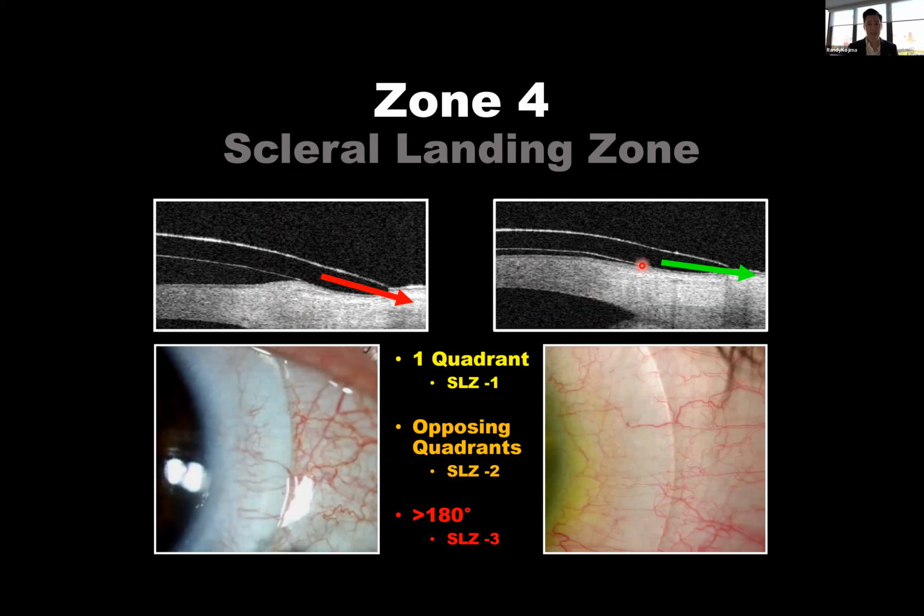If the lens lands and matches the angle of the surface, so if your contact lens landing angle is equal to or parallel to the underlying surface it lands on, then you should have a very good relationship, and we shouldn't see any blanching or any signs that the lens is steep at the lens edge.